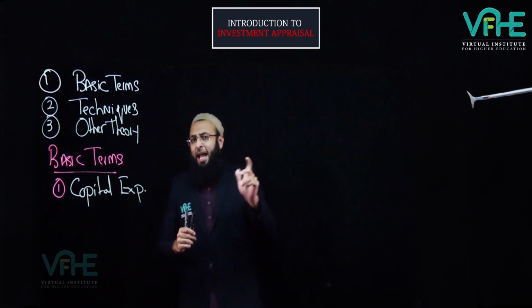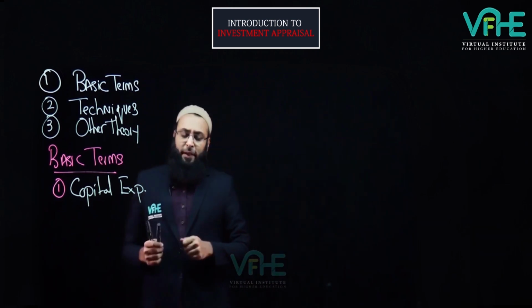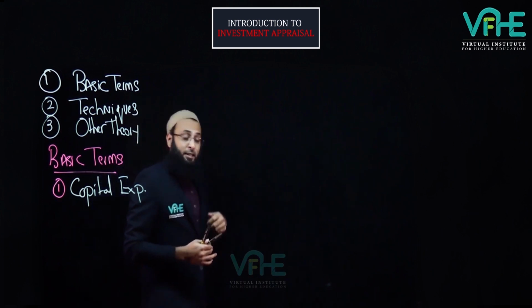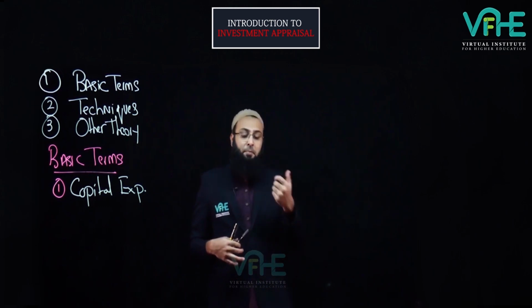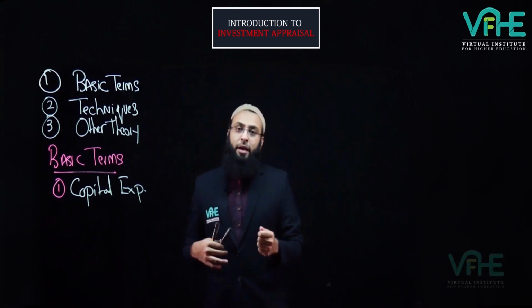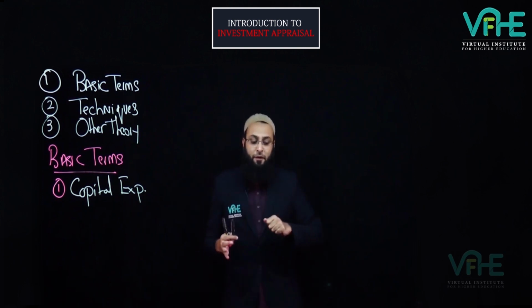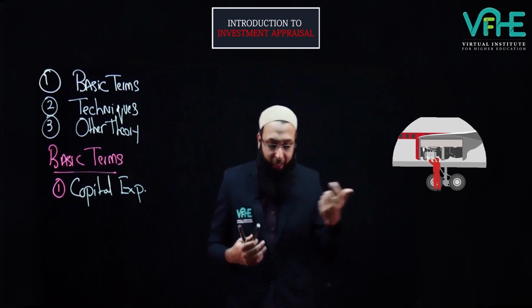One thing I need to add here is that sometimes there are certain expenses that can enhance the life of the asset. For example, a major overhauling required in a plane. After every 2 years, we require a major overhauling to be done in the plane.